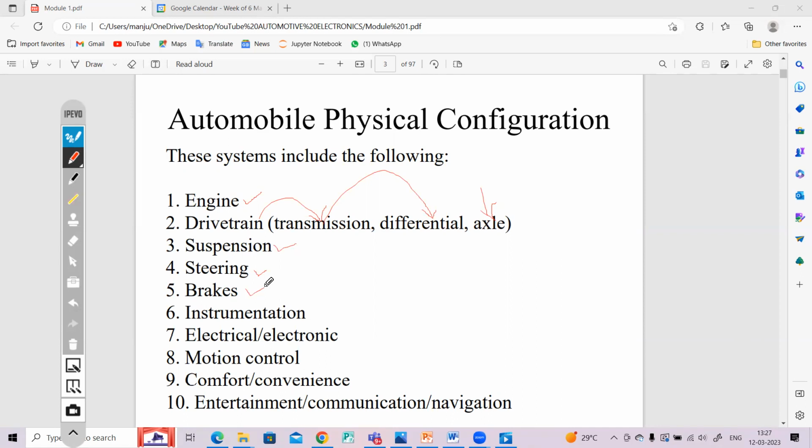Suspension like mono suspension and dual suspension. For example, see, this is a vehicle. This is the alignment wheel. Some have made one single suspension, where it is going to take the balance of the movement here.